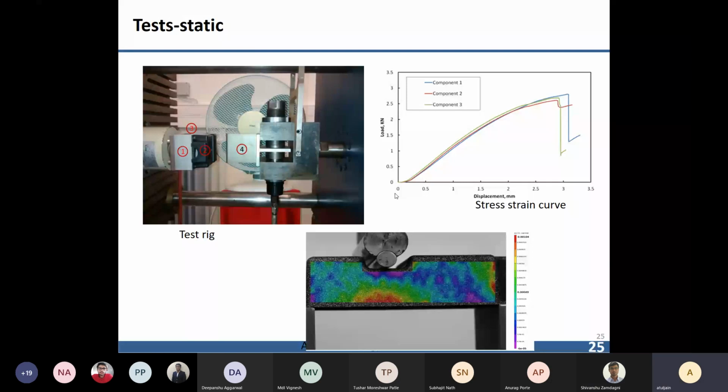So think about that and tell me why this slope. Anybody knows?